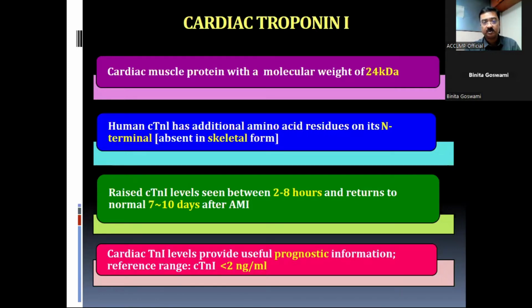Mostly, the majority of people come very late. So in those cases, this is one of the most important markers for late diagnosis as well. In countries like India, you cannot ignore that.